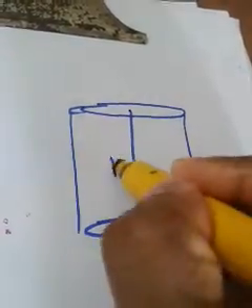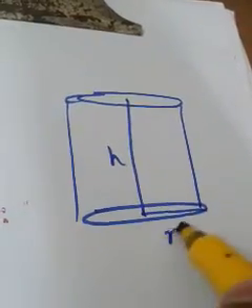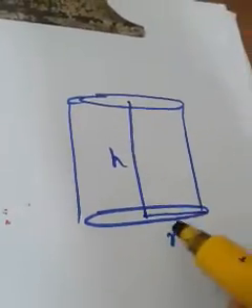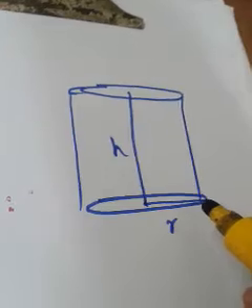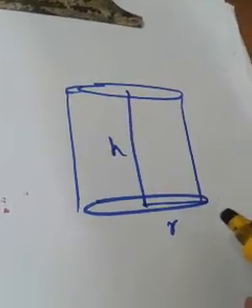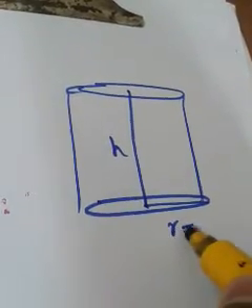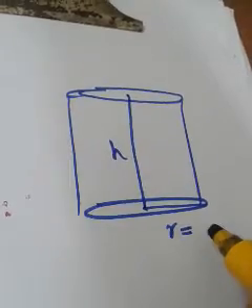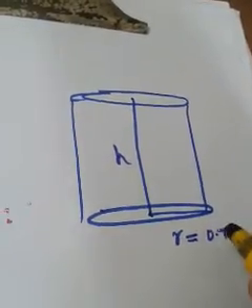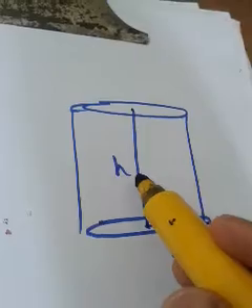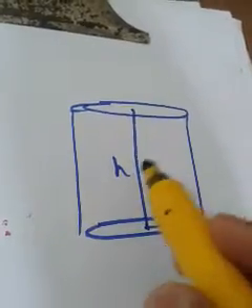First dimension is height and second dimension is radius. Radius of the base is given as 0.7 meter, that is R is 0.7 meter, and height is not given. The question is to calculate the height of the cylinder.